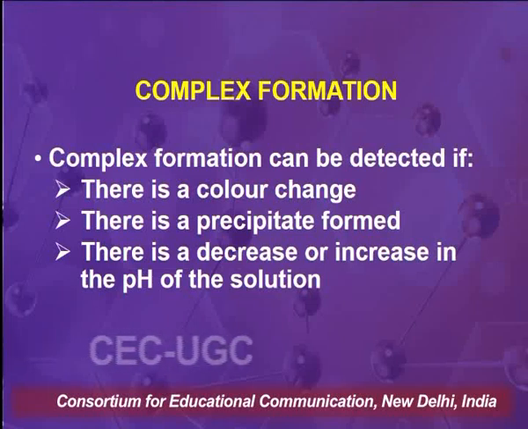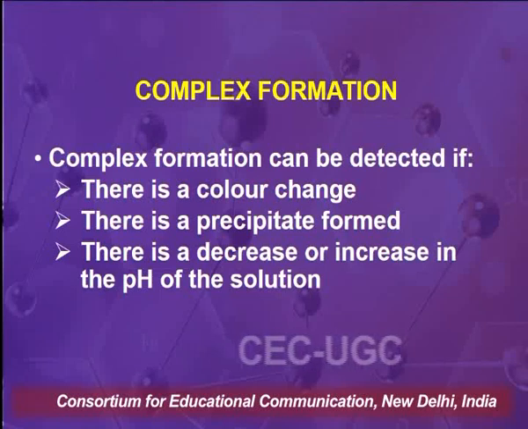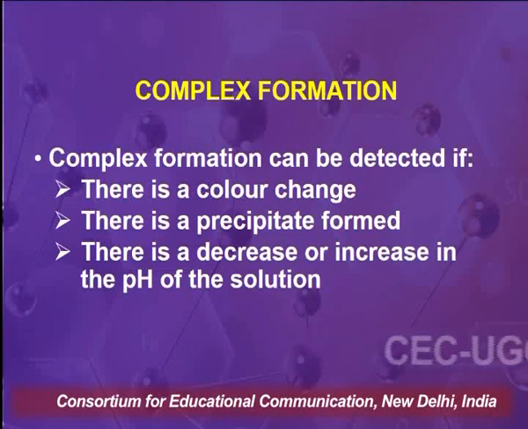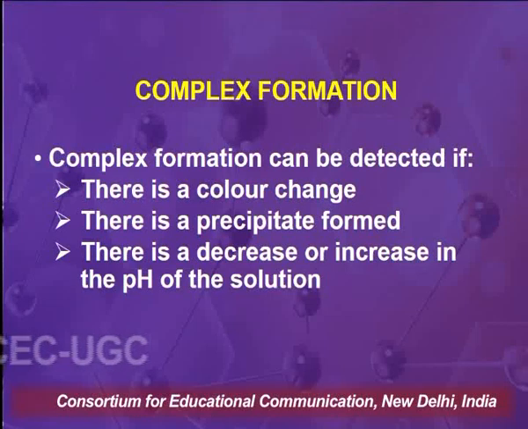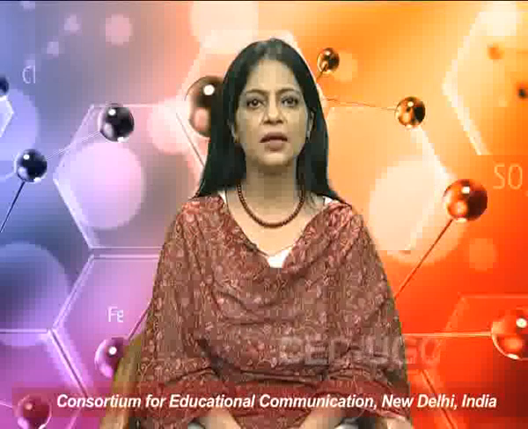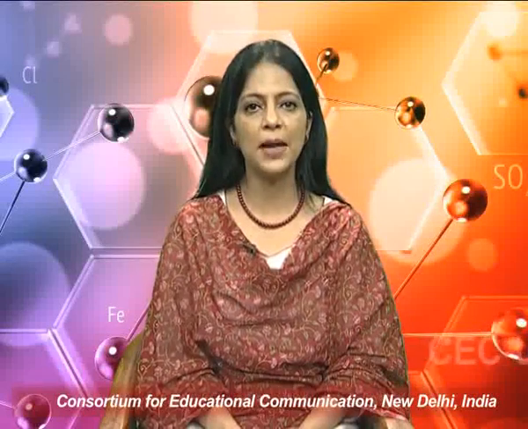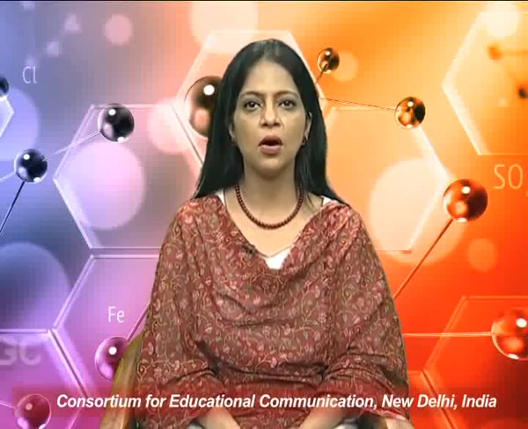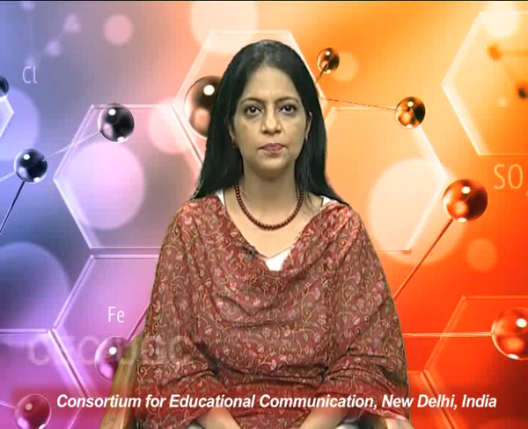If there is a color change during the reaction, if there is a precipitate which is formed during the reaction, or if there is a decrease or increase in the pH of the solution, these criteria indicate that a complex has been formed in a particular reaction.